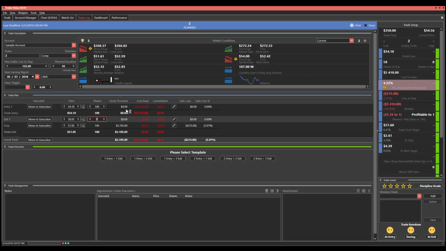Still doable. So we're risking 4% for a chance to make just under 9%. It might be doable. It's not great for sure, but it's doable. You do have a potential $215 loss. You're risking $215 to make $485, but it might be doable.